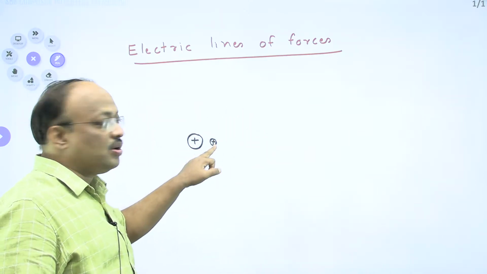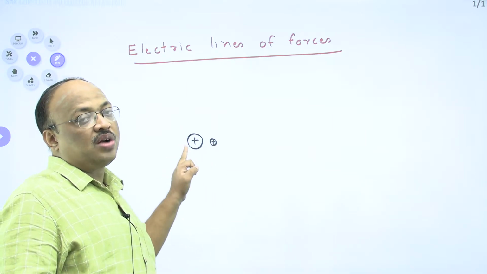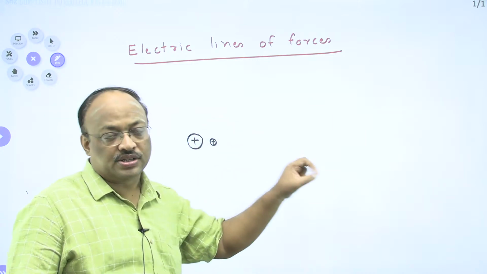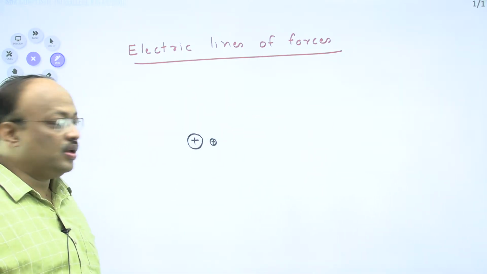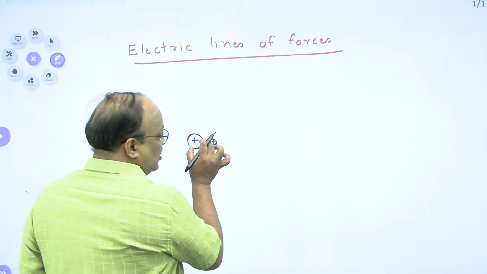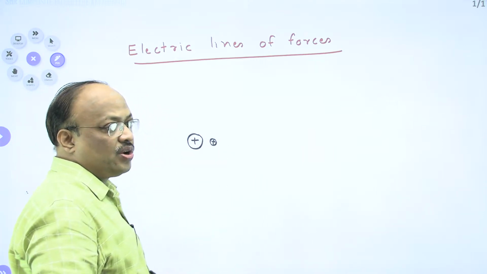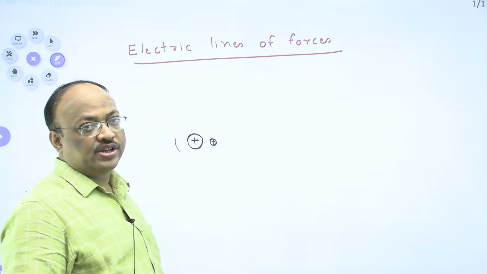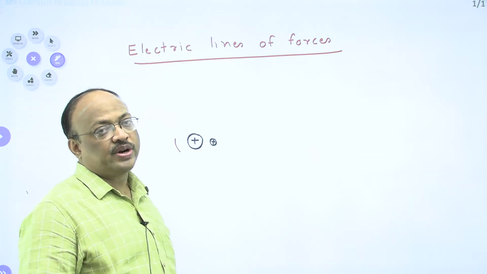If there is an effect, it should be negligible. So we place this charge very close to the positive charge whose electric field is to be found, whose electric lines of forces are to be drawn.